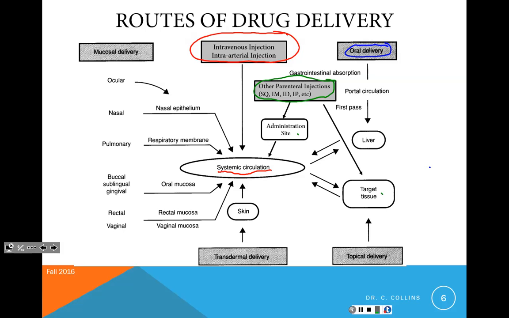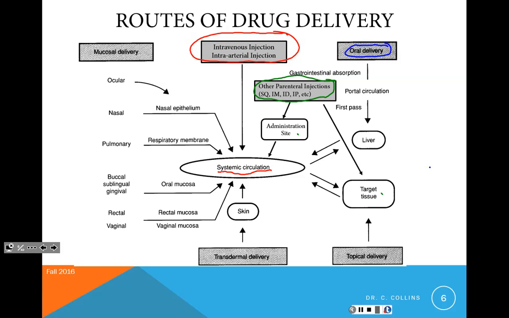It's designed for absorption of nutrients. It's not really designed for absorption of exogenous chemicals, of drugs, but we take advantage of that. So oral administration is going to go through the absorption-designed organ of the body, which is largely the small intestine. Talk a little bit more about that later.